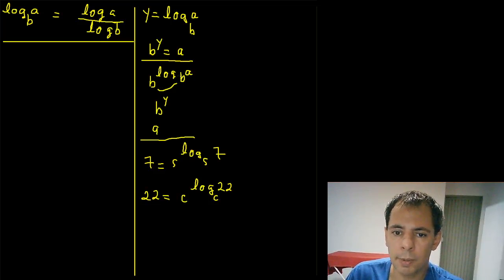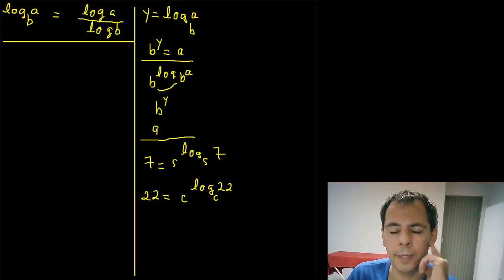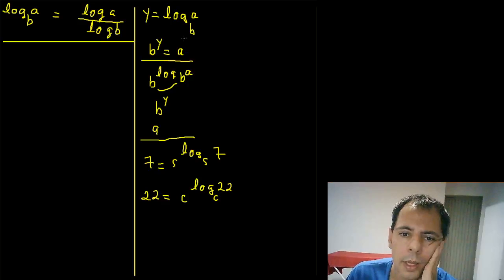So it's b to the power of log of a to the b. But what is log of a to the b? It equals y. So b to the power of log of a on the base b equals b to the y. And what is b to the y? Equals a.